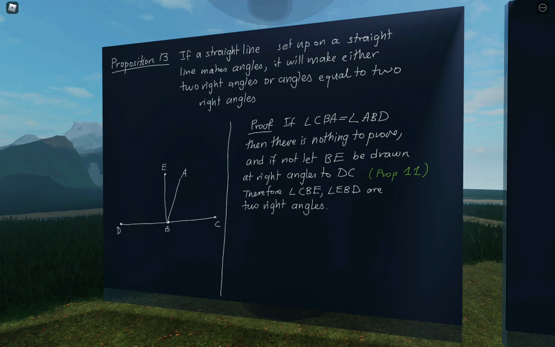Okay, since the angle CBE is equal to the two angles CBA and ABE, so CBE is equal to CBA plus EBA. Adding EBD to each, they remain equal, the left and right hand side.